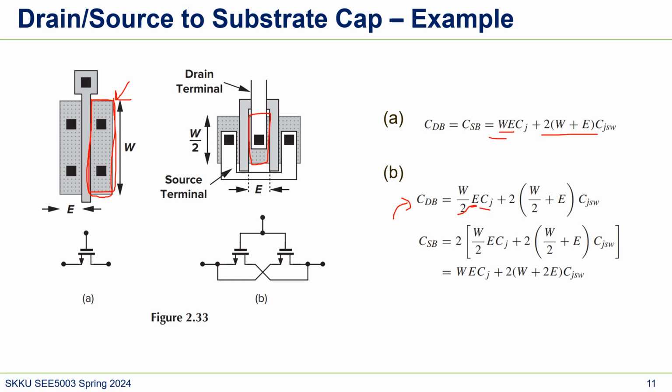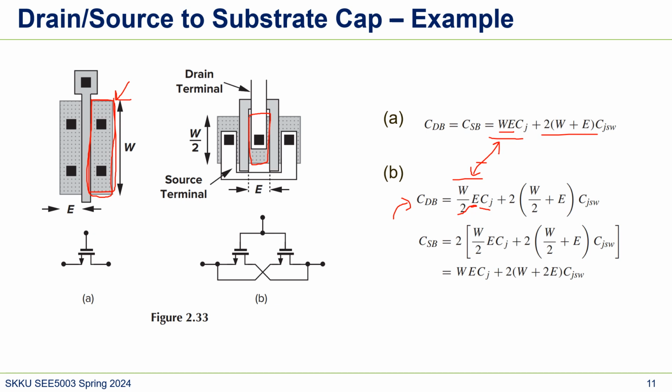You see the difference here? They're not the same. This case B has smaller capacitance. And what about the sidewall capacitance? Also, it's less because W is now half. So it decreases.